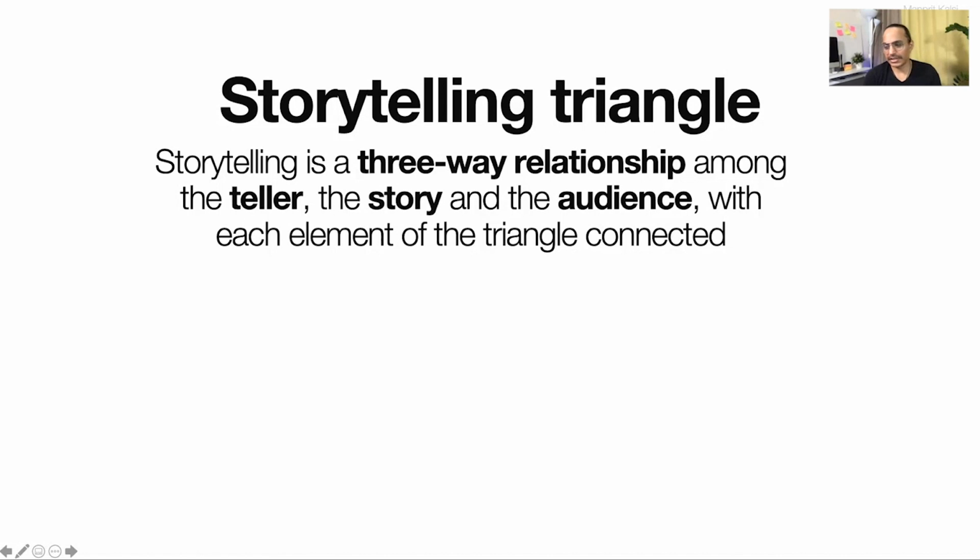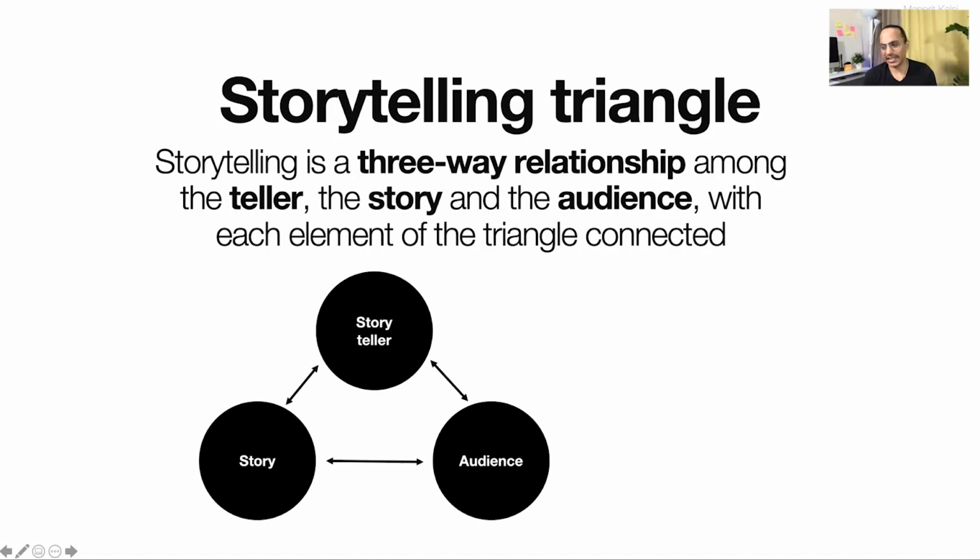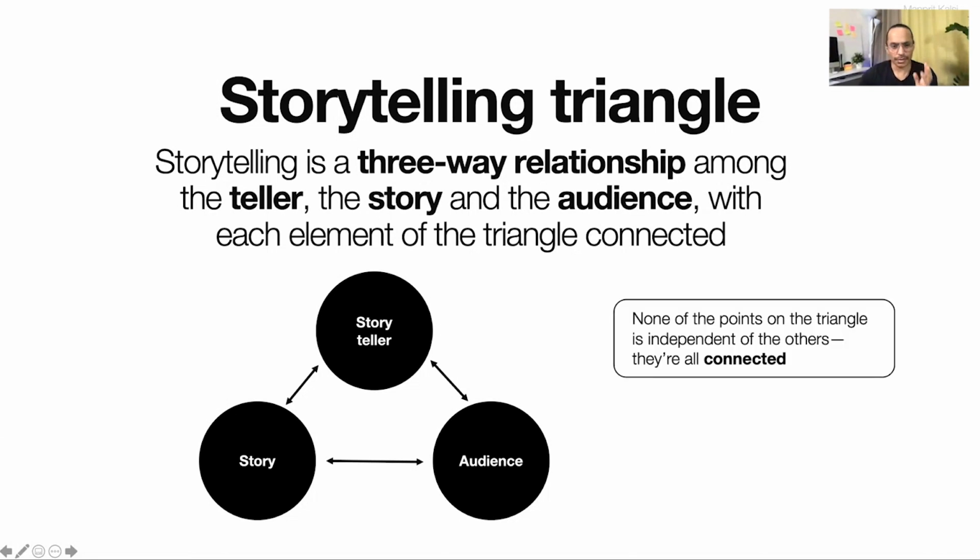So these are the three points of the triangle: the storyteller, the audience, and the story. These are the three important elements of a story. Here it's also important to remember that none of the points on the triangle is independent of the others.